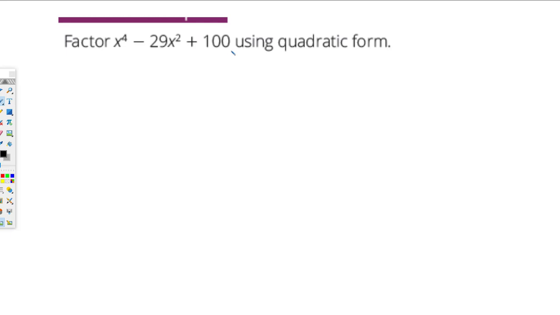So if I was to ask you to factor x to the fourth minus 29x squared plus 100 using the quadratic form. So we have that a being 1. So we can use the x, but we really don't have to go into the box. When you're doing this, if you take the square root of this first term, that gives me x squared, that's my first thing that's listed.